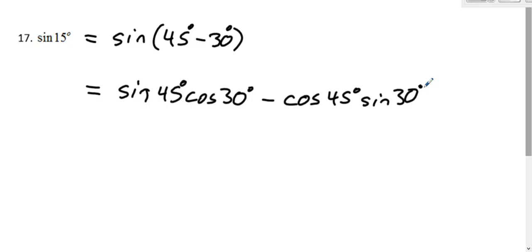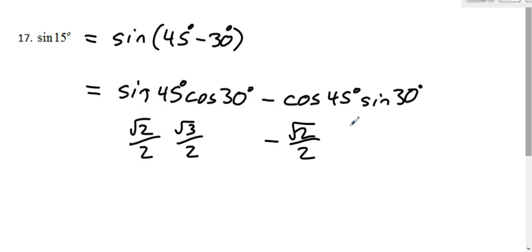Sine of 45 degrees is square root of 2 over 2. Cosine of 45 degrees is square root of 2 over 2. 30 degrees, cosine is square root of 3 over 2. And sine is 1 over 2.